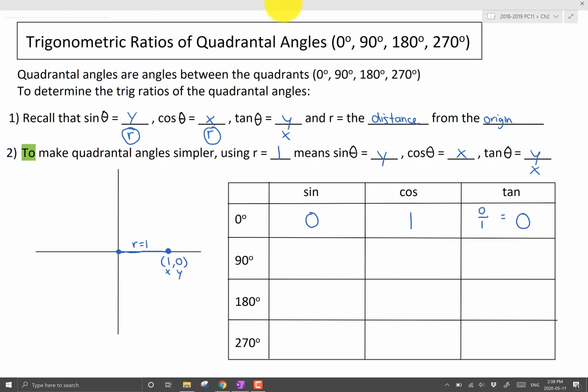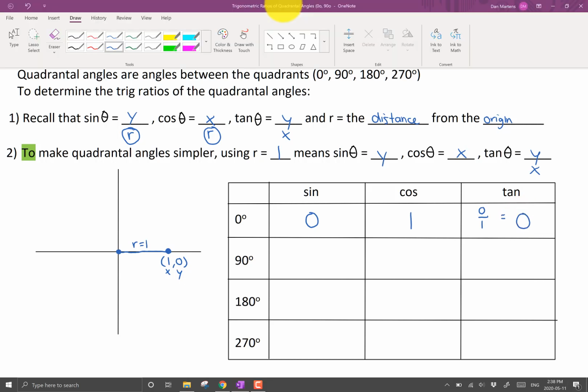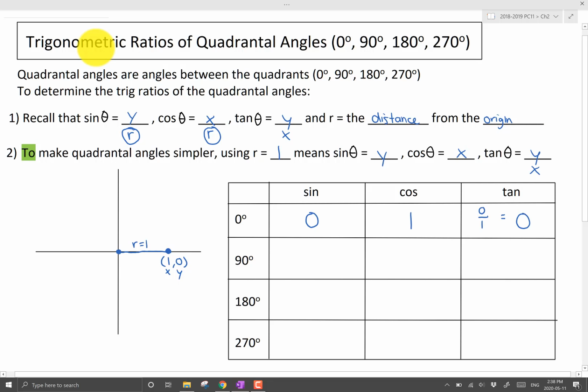So kind of cool that you can actually know these just from those ratios. Next, if we have a 90-degree angle, and we took a distance of 1 from the origin to a point, we know the x-coordinate is 0 and the y-coordinate would be 1.